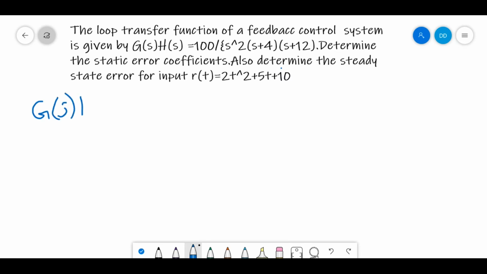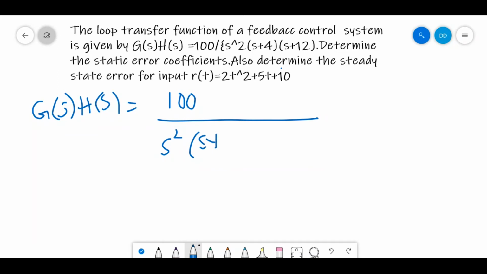So we'll write the open loop transfer function first. G(s)H(s) is equal to 100 divided by s square into (s plus 4) into (s plus 12). We have to determine the static error coefficients, that is Kp, Kv and Ka.